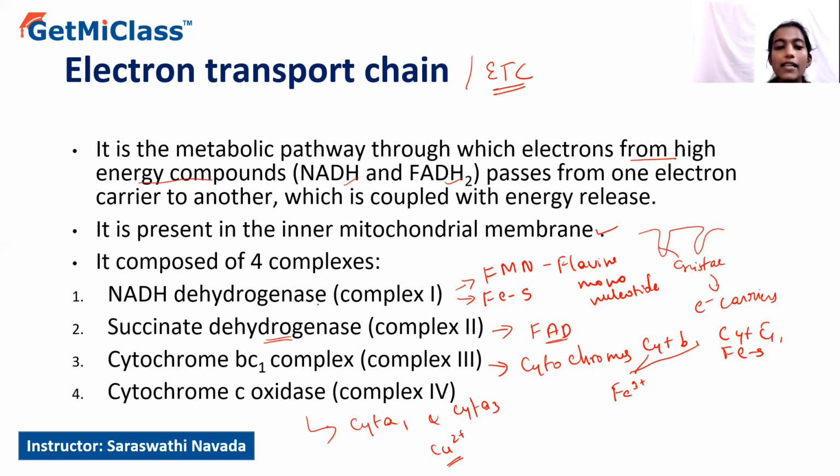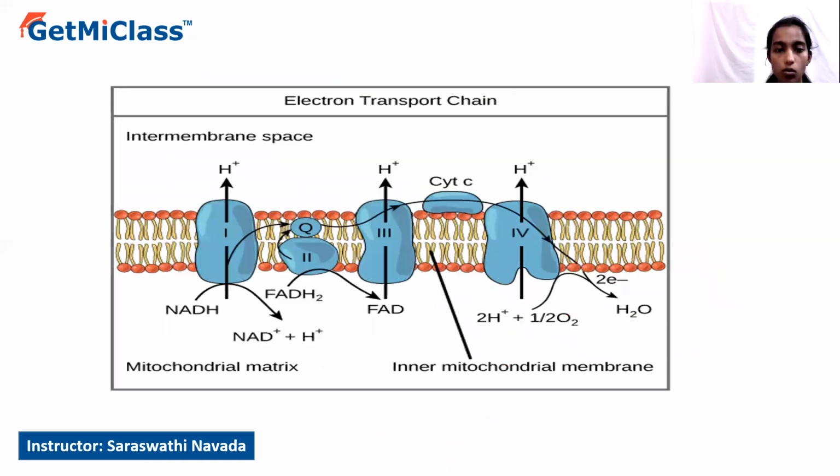So these are the fixed electron carriers that are associated with the inner mitochondrial membrane. In addition to this, there are also 2 mobile electron carriers. What are those? We'll look into it through this diagram. So this is the intermembrane of the mitochondria.